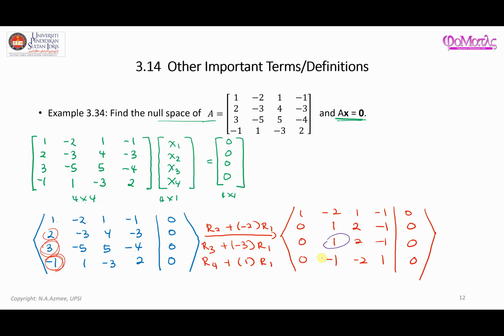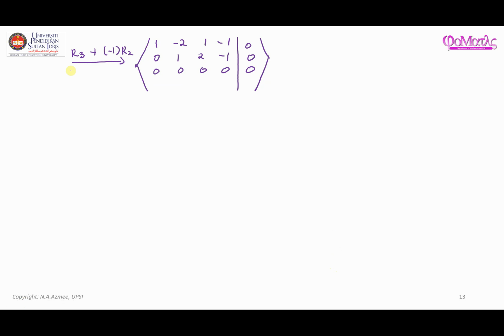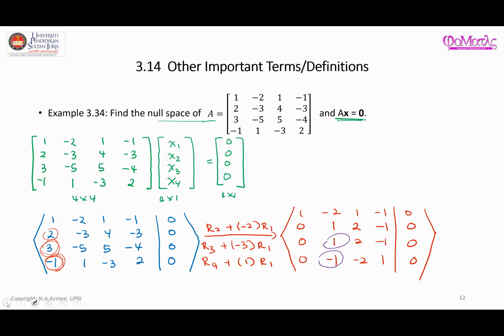Also, I need to consider turning this into 0 as well. So that can be achieved if I consider the fourth row plus the second row. So based on that, you can see -1 plus 1, 0.